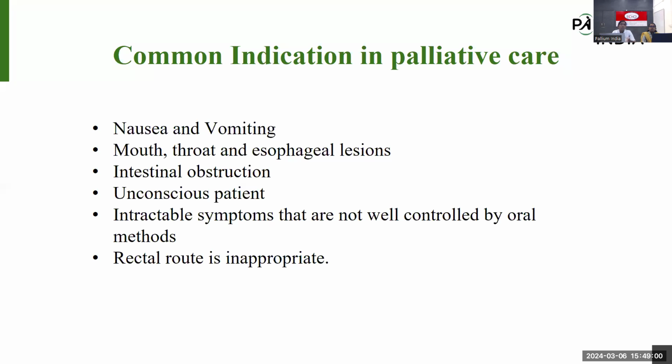Mostly, if the patient is on tablets but due to severe vomiting they can't take it orally, in that situation we can shift to subcutaneous injections or infusion. Then, if the rectal route is inappropriate, at that time also we can choose subcutaneous infusions for medicine administration. These are the common indications in palliative care that we are choosing subcutaneous infusions.